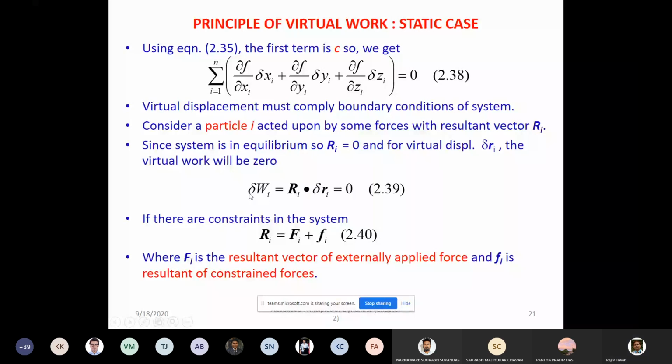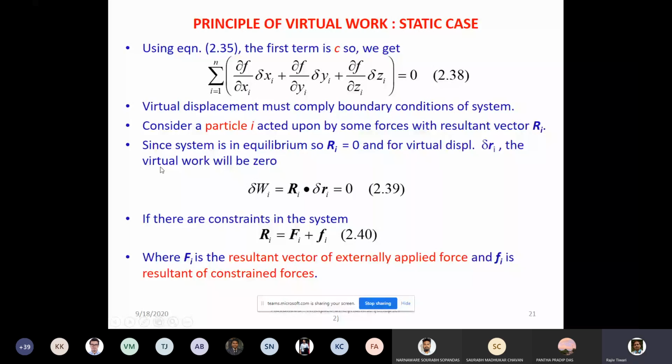Because this is the resultant force and this is the virtual displacement, the dot product gives us the virtual displacement work done, which we call virtual work.